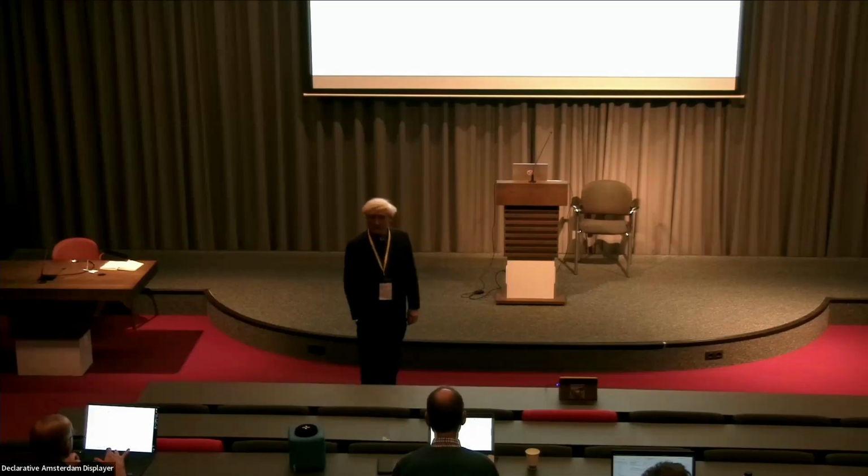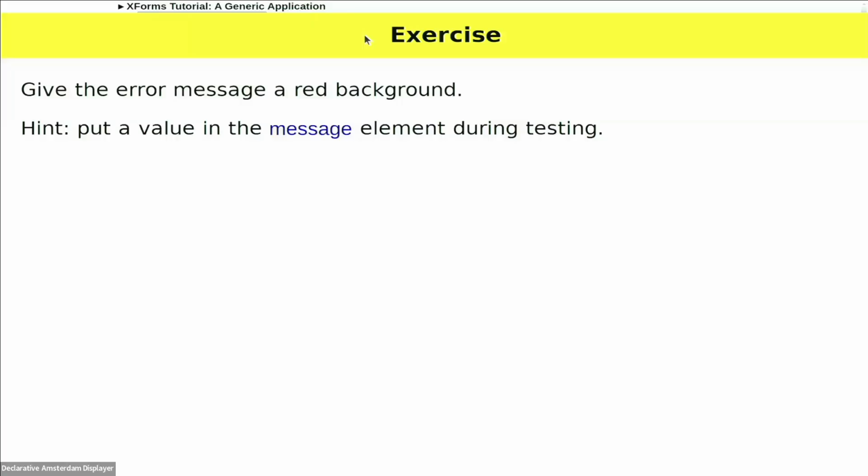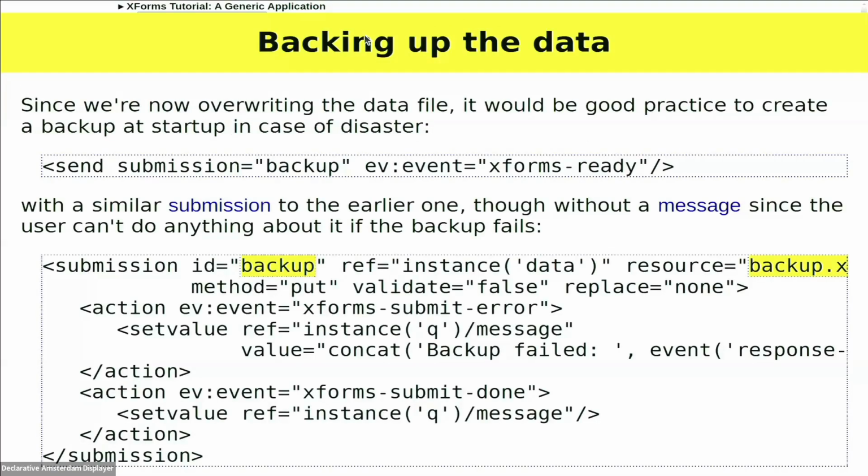All right, I'd like to go on so that we do one more chapter before the end of this. So this is very similar. We've now learned how to save the data, but since we're overwriting the data file, it would be a good practice to create a backup at startup in case of disaster.